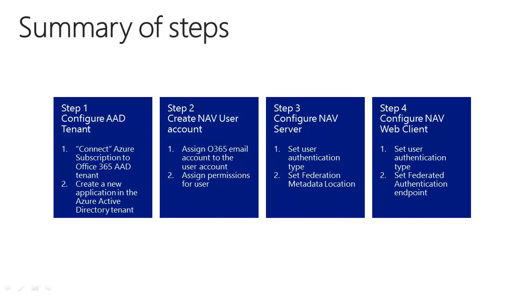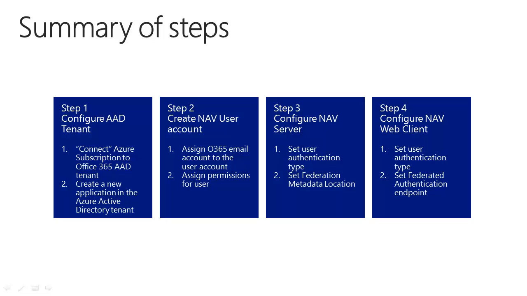Let's revisit the steps that we have performed in order to enable this scenario. In step 1, we have configured the Azure Active Directory tenant of the Office 365 subscription to allow federated authentication of external applications.